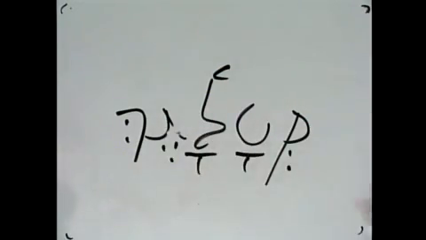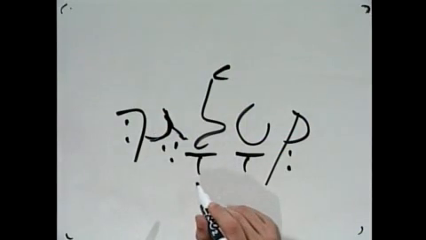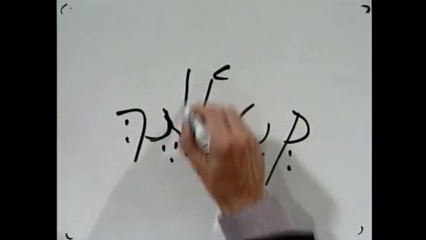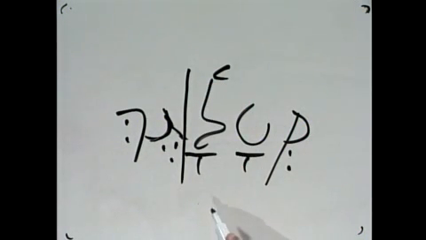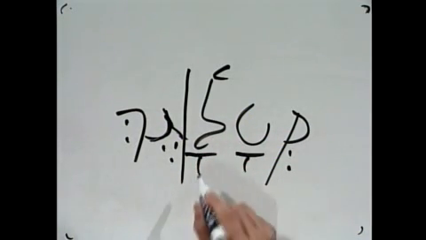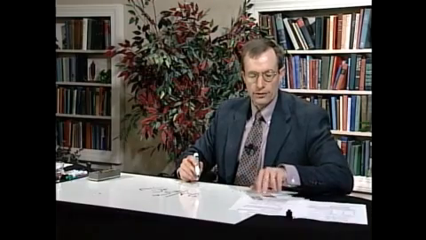In this situation, the original patach, which was right here under the third root letter, lengthens to qamets in an open syllable. You can see this is clearly an open syllable. So you're going to have to remember that detail. The lamed with the patach in the 3FS in an open syllable will lengthen to a long qamets. Keep that in mind.